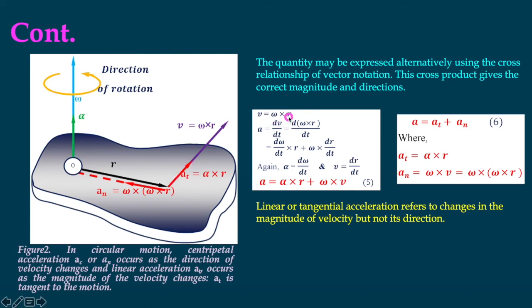What is the direction of r? This is the direction of r, the position vector. And from the law of cross product, if v equals omega cross r, then all these three vectors should be mutually perpendicular. As these three are mutually perpendicular and we know the direction of r and v, so definitely omega is perpendicular to both the vectors v and r.